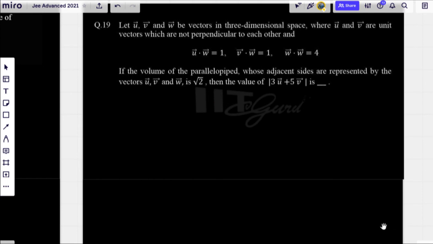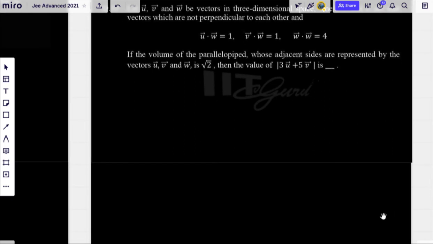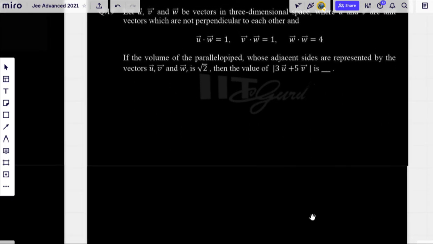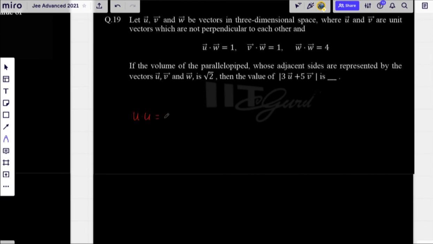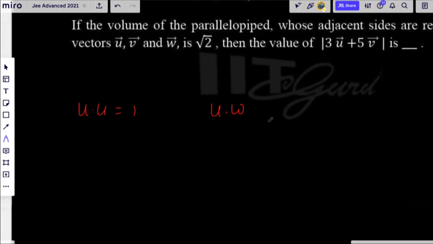So we can use the concept of the volume of the parallelepiped. u dot u, as you know, is 1. And u dot w is given here as 1.